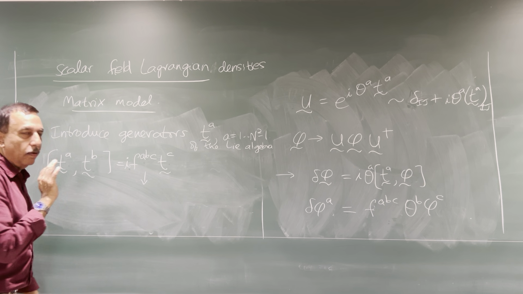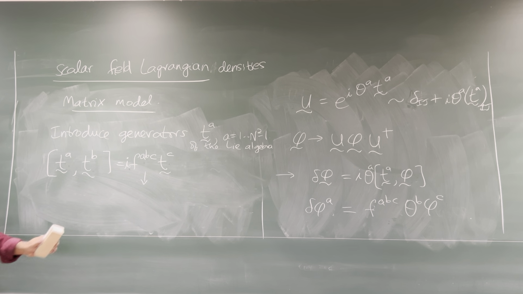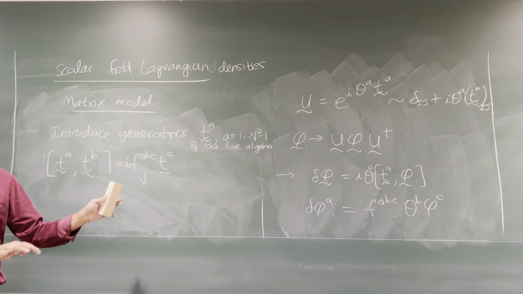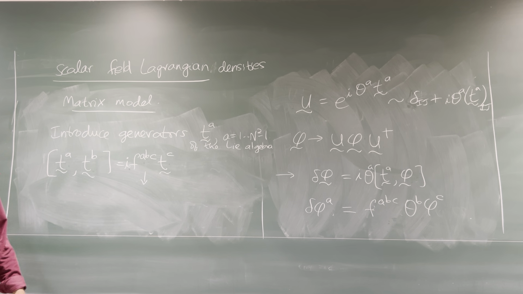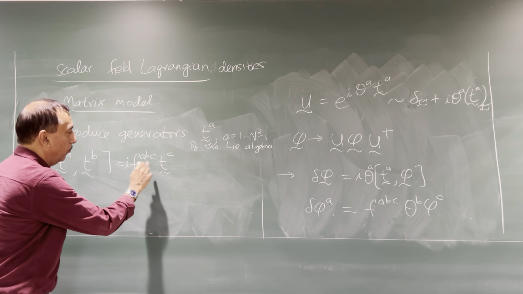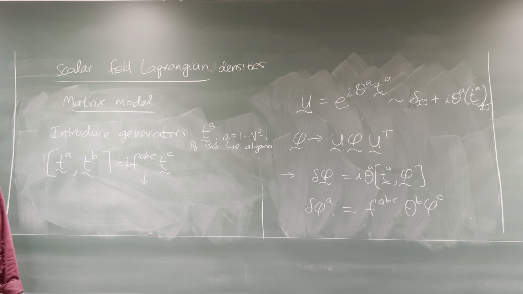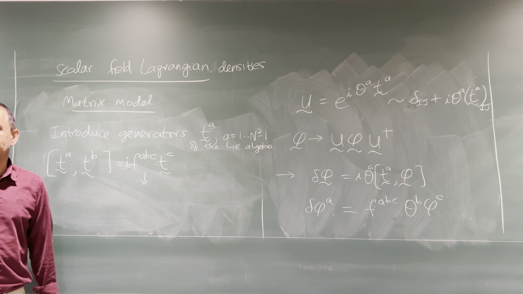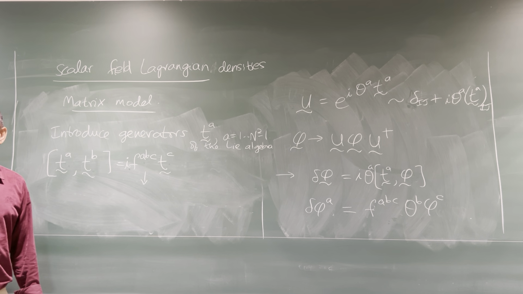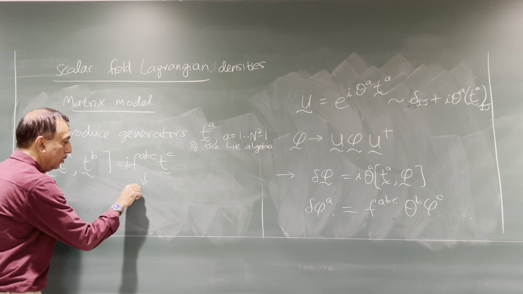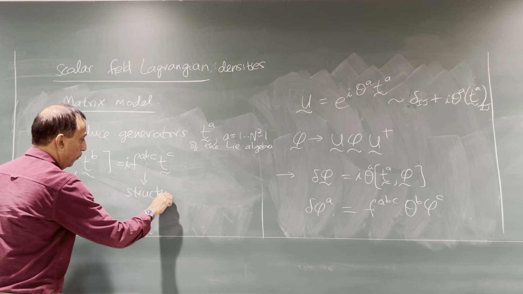They are characteristic of the particular Lie algebra. So SU2 has some FABCs, SU3 has its FABCs, and every Lie algebra has its FABCs. For SU2, it's just epsilon ABC, which is the easiest possible structure constant anyone could ask for. But for all others, it's more complicated. These are called structure constants.